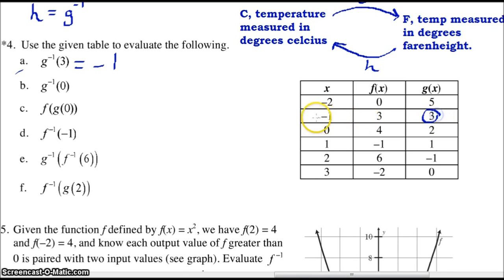Notice that g of x, when x is negative 1, g of negative 1 equals 3. Now remember, the inverse undoes what has been done. So g inverse essentially says if you get an output of 3, then the input must have been negative 1.